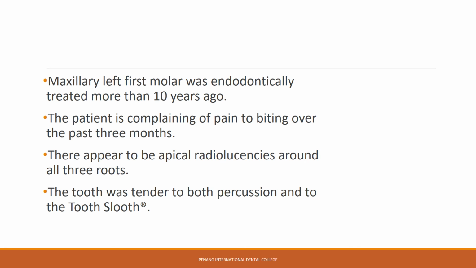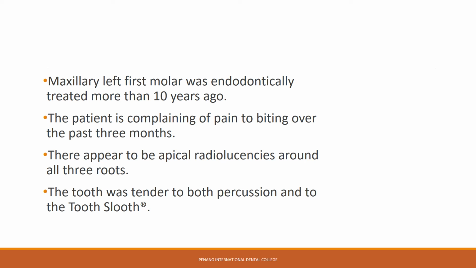The next example: I don't have a radiograph here, but I'll just read out the case description. A maxillary left first molar which was endodontically treated. Remember, it was endodontically treated more than 10 years ago, so the pulpal condition would be previously treated.